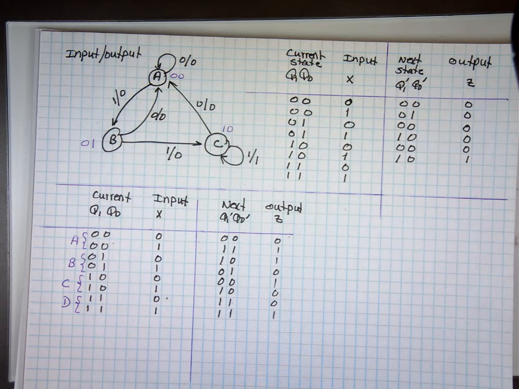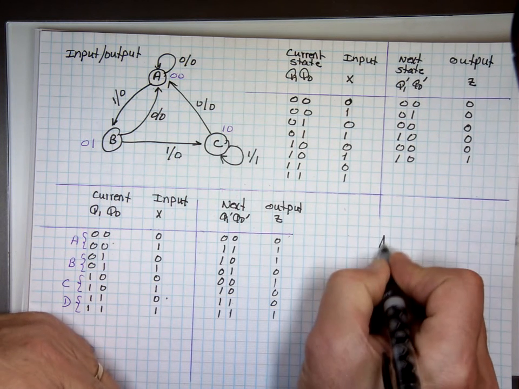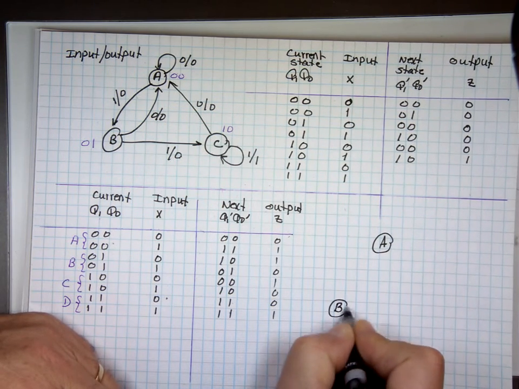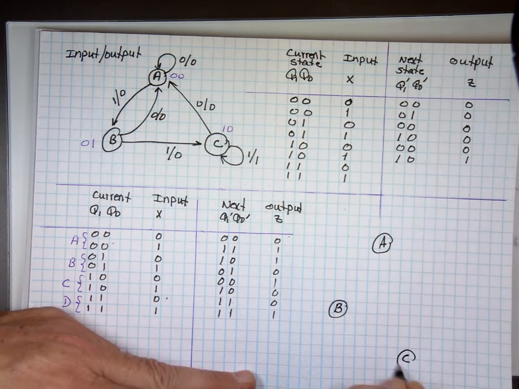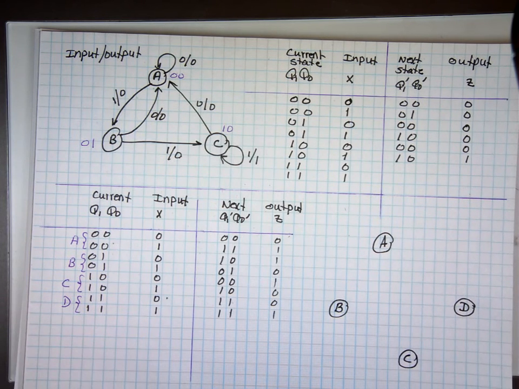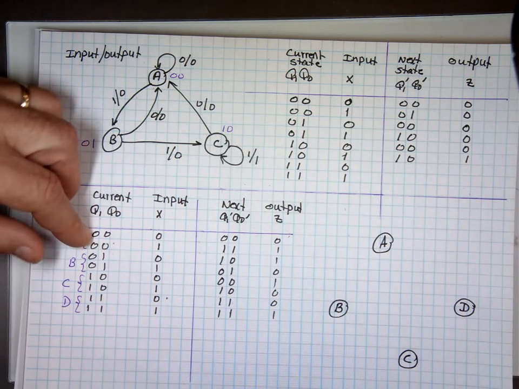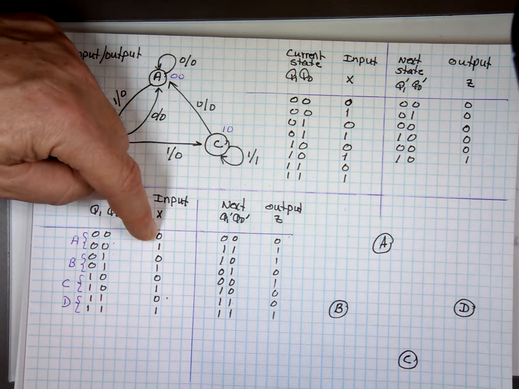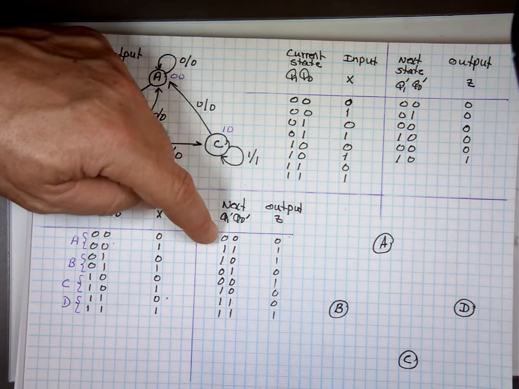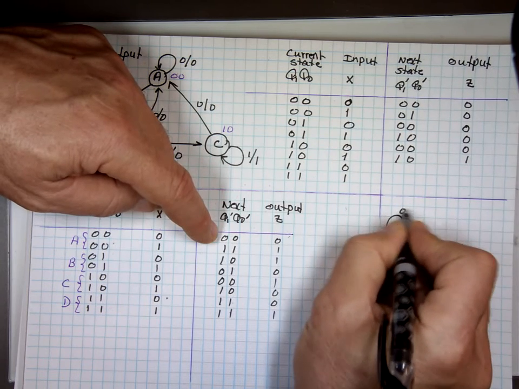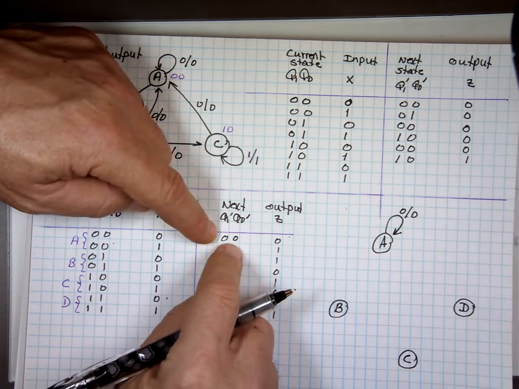This is state A, state B, state C, state D. A is 0, 0. If my input is 0, you stay there. And what's your output? 0. You stay there. If your input is 0, you stay there, your output is 0.